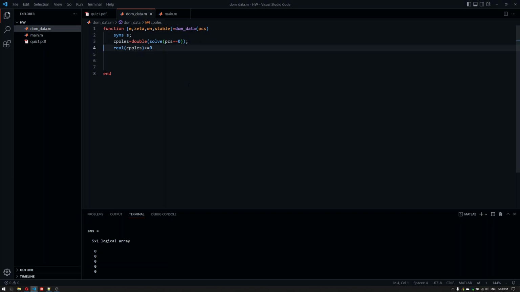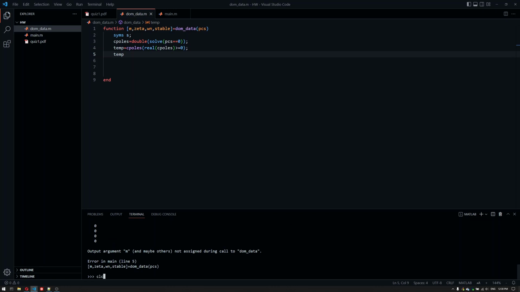So if we get basically C poles, this here, temp, we can see that we get an empty vector here, or an empty structure here.